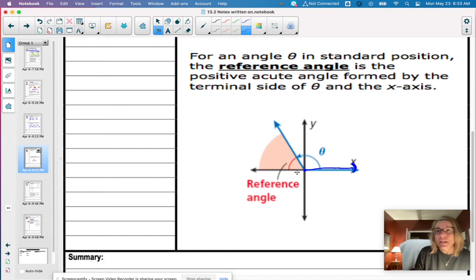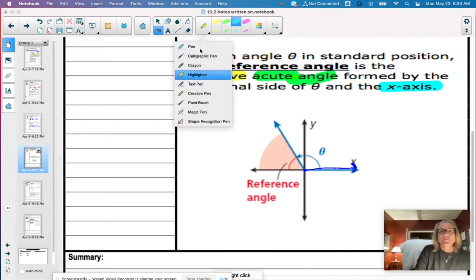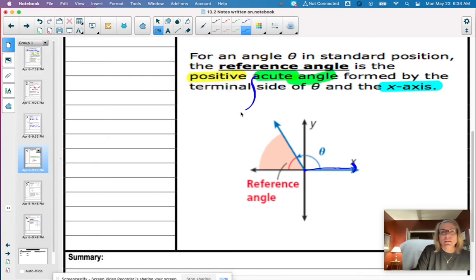The reference angle is the positive, acute angle formed by the terminal side of theta and the x-axis. That is important. And remember what acute means. Acute means it is less than 90 degrees. I'm going to write that. Acute means less than 90 degrees.